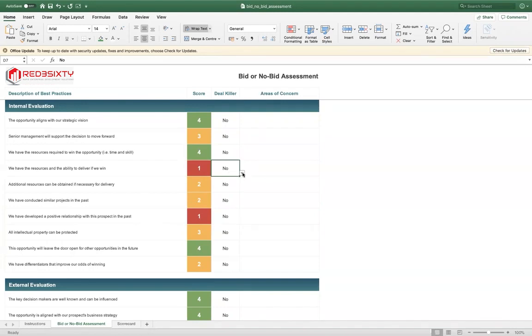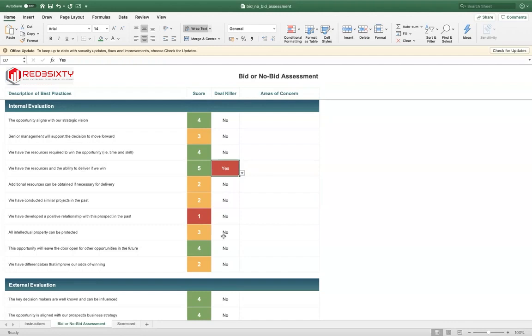If they cannot be acquired, then this could be a deal killer, where we have to first make sure that we get this to a 5 and move on, so that we identify which are the deal killers. So which are the absolute have-to-haves within each one of these sections.